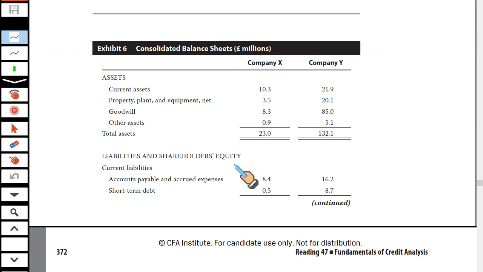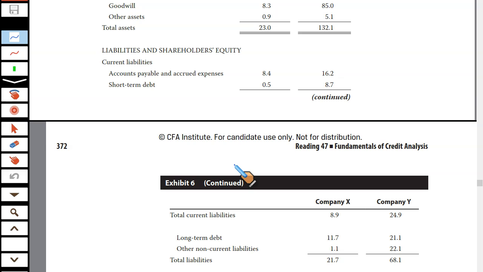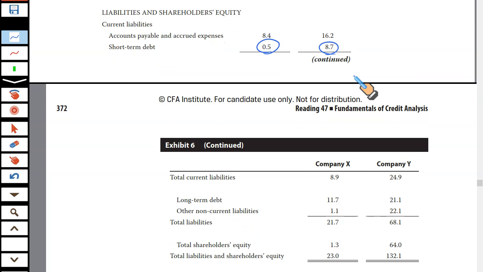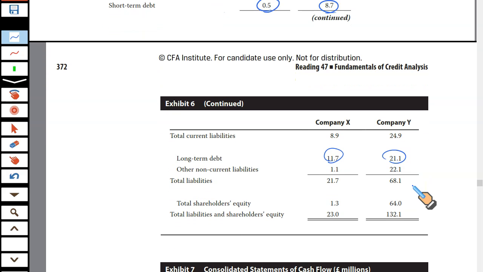First we need to calculate debt to capital. So this is the short-term debt for company X, short-term debt for company Y, and this is the long-term debt for company X and Y respectively. So we have the debt 11.7 plus 0.5, which gives you 12.2, and in this case 8.7 plus 21.1 gives you a total of 29.8. So this is debt. Debt must be divided by total capital, and what is total capital?